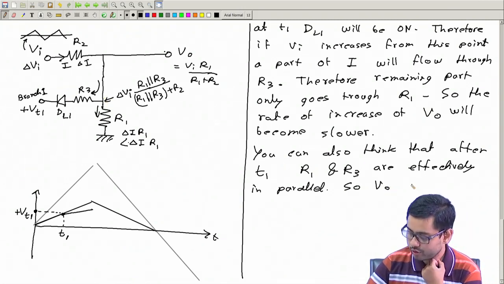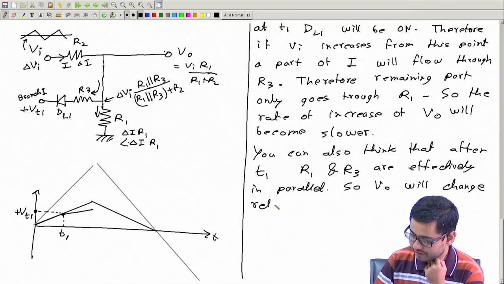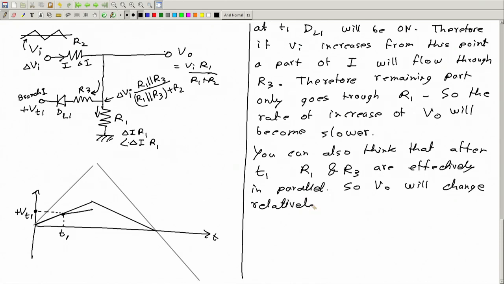So VO will change relatively slowly. Okay, so I hope I have convinced you of this fact: because of this arrangement, this voltage, diode and this resistance, the voltage was initially increasing fast when the diode was off, but now after this moment the voltage will increase slowly.